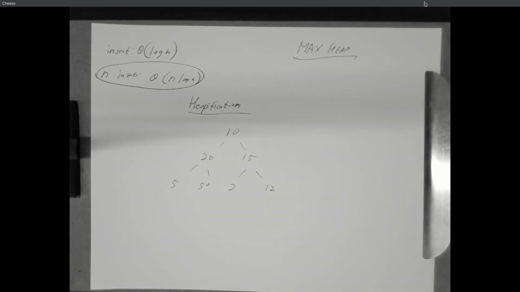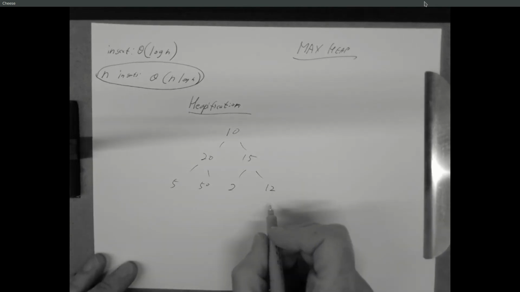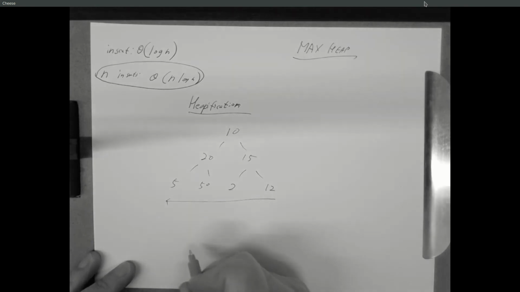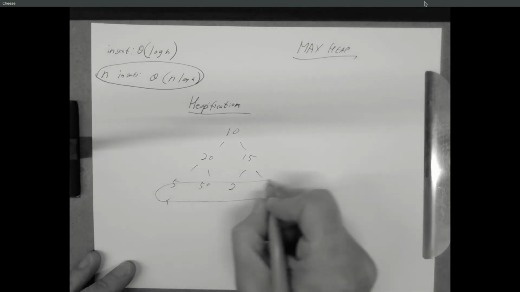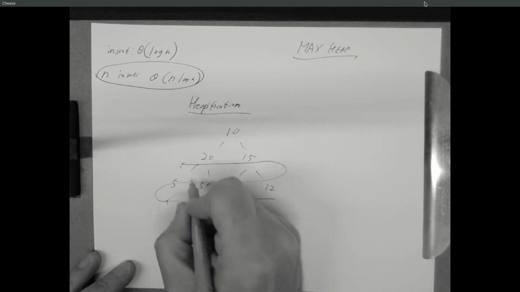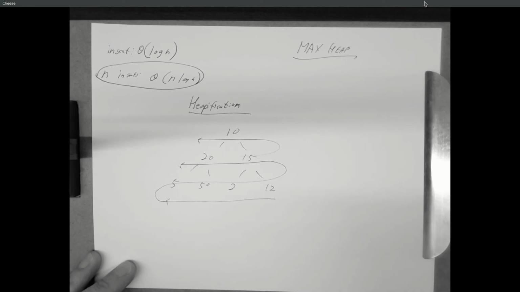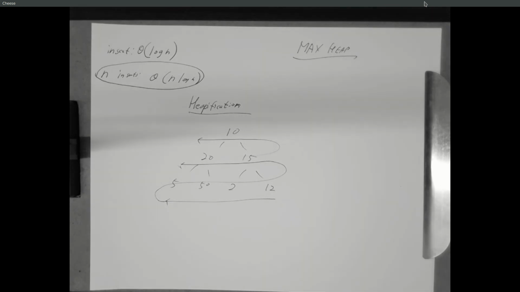All right, here's how we heapify. We're going to start on the bottom row and we're going to move right to left. And then we're going to come up and go through the next row right to left. And then we're going to come up and go through the next row right to left. And we're going to keep moving our way from bottom to top, each row going from right to left.